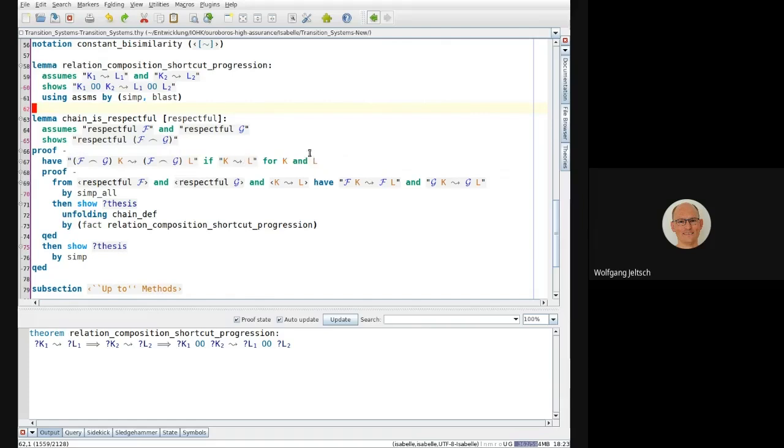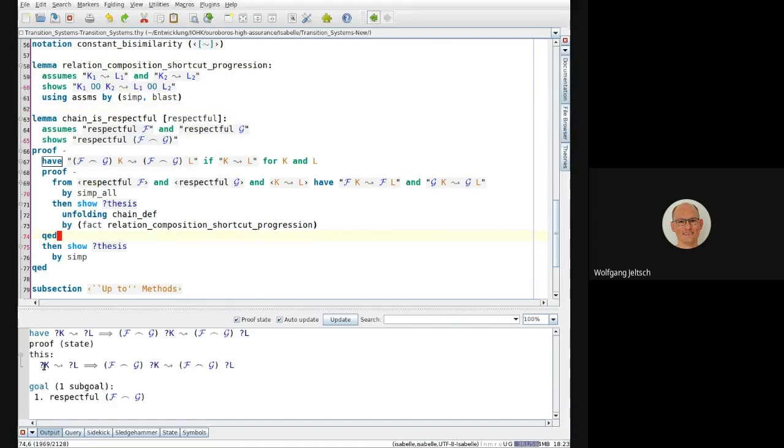So this for basically is a universal quantification, and this if says that this is a premise, so we get an implication. And we see this if we go to after this proof block, then we see what it means. It's this one here. So K shortcut progresses to L, then this shortcut progresses to that.